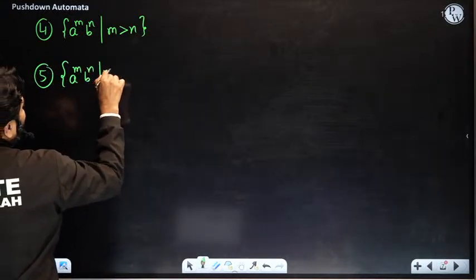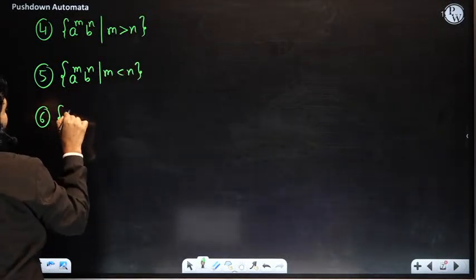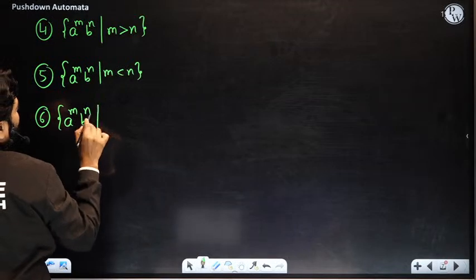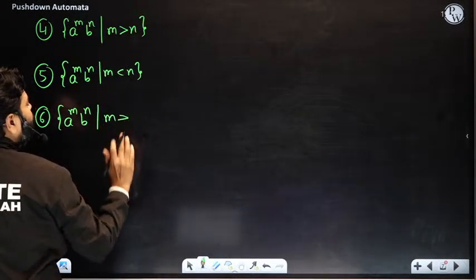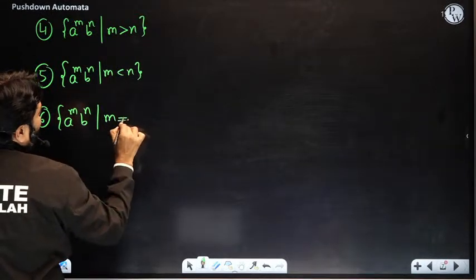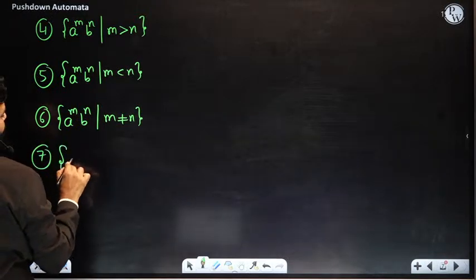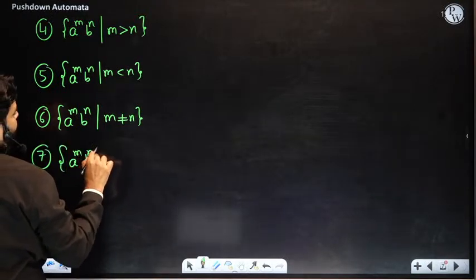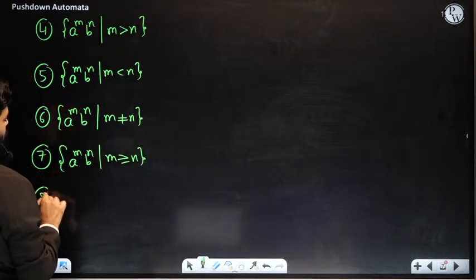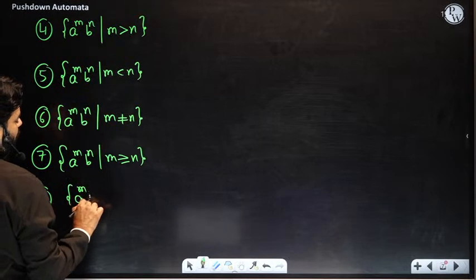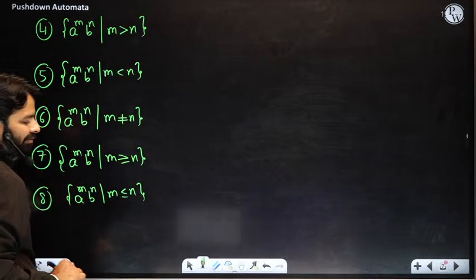M less than N. Sixth, A power M, B power N, such that M not equal to N. Seventh, A power M, B power N, such that M greater than or equal to N. So all these problems are similar. Only thing is you should understand what is the condition that you are looking for.